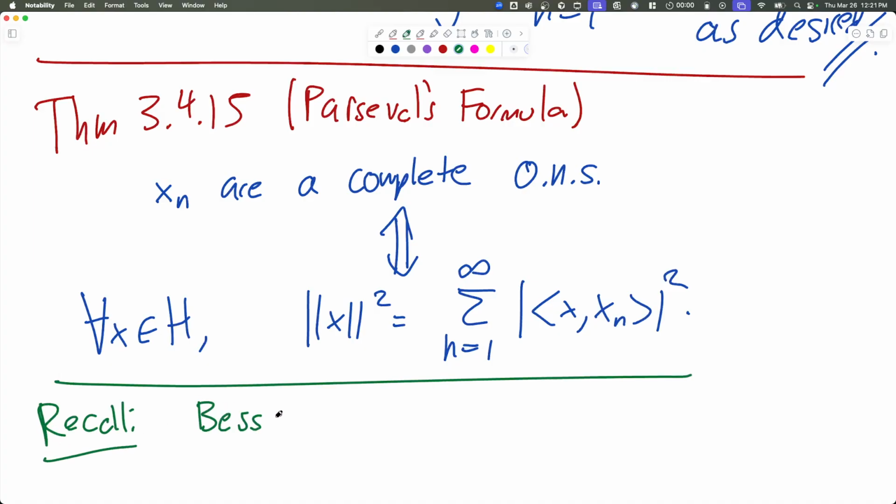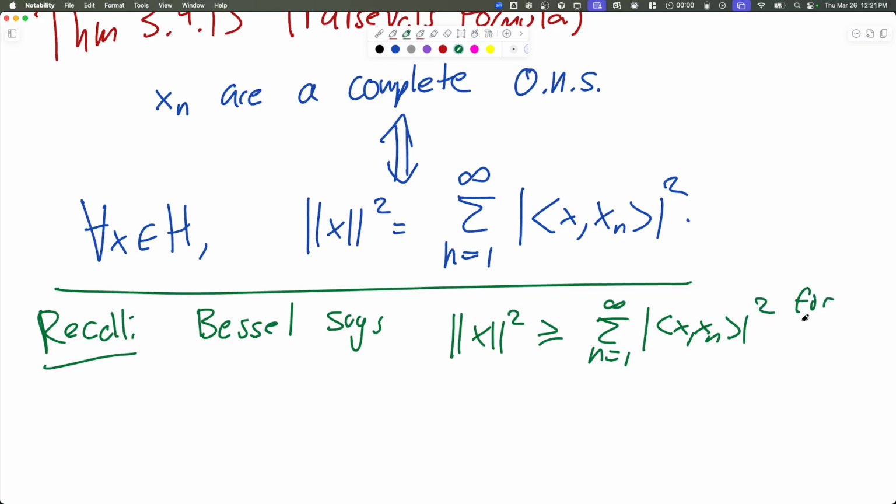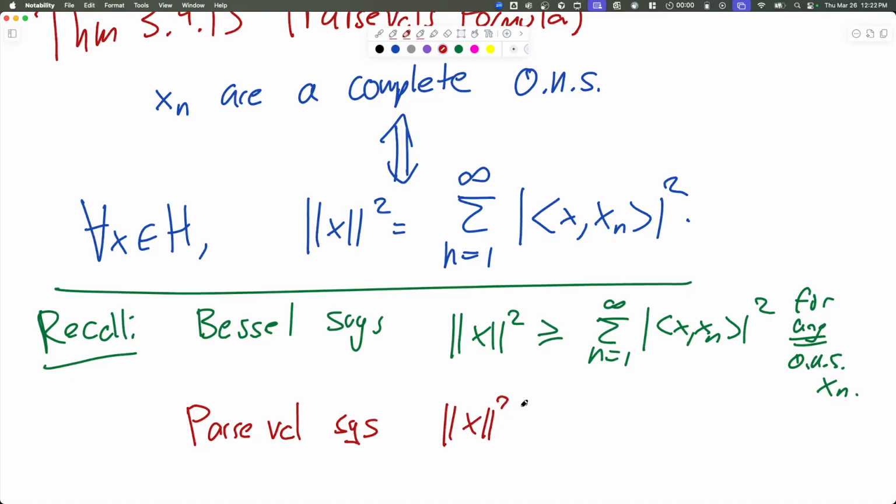Bessel says the norm of x squared is greater than or equal to this infinite sum, always, for any orthonormal sequence xn. And Parseval, this other dude, says the norm of x squared equals this infinite sum when complete.